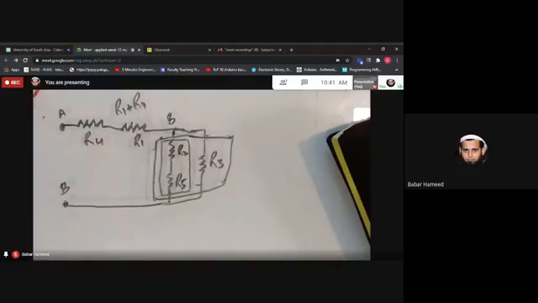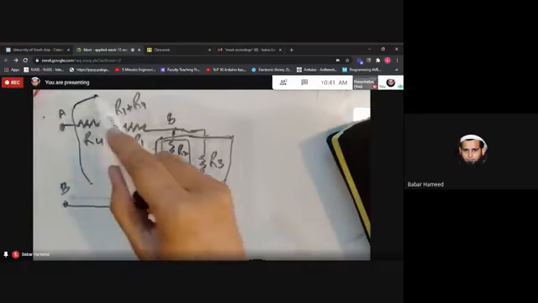This entire series parallel combination is in series with the series combination of R1 and R4.